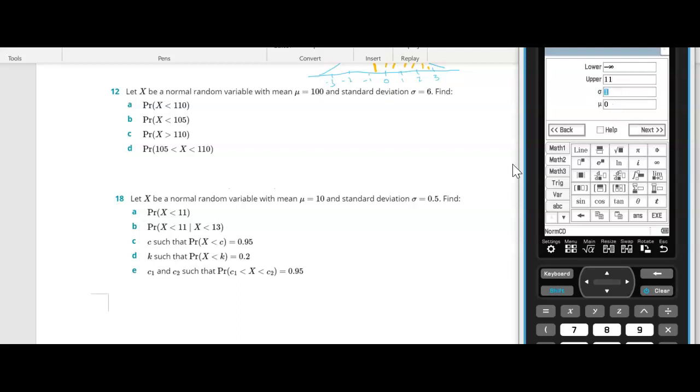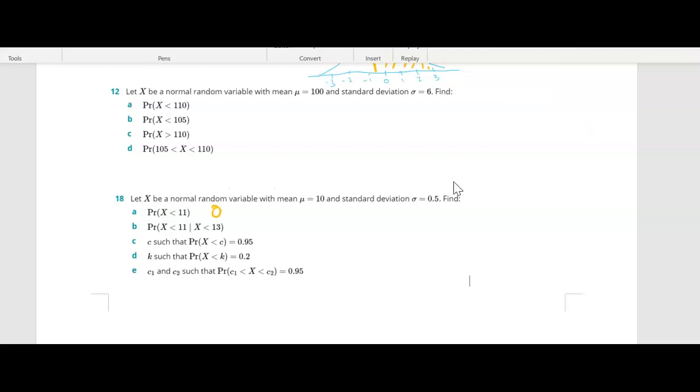Now our standard deviation, don't get your standard deviation and your mean around the wrong way, because it's written mean first and then the standard deviation, but your calculator wants your standard deviation first and then your mean. So don't get them around the wrong way. All right, so we've got 0.9772, which is the same as those previous answers, weren't they?